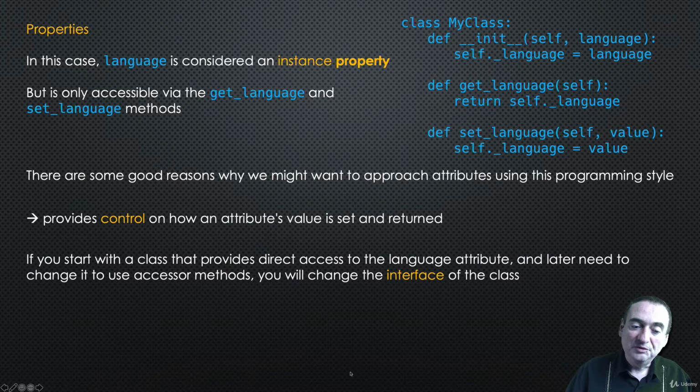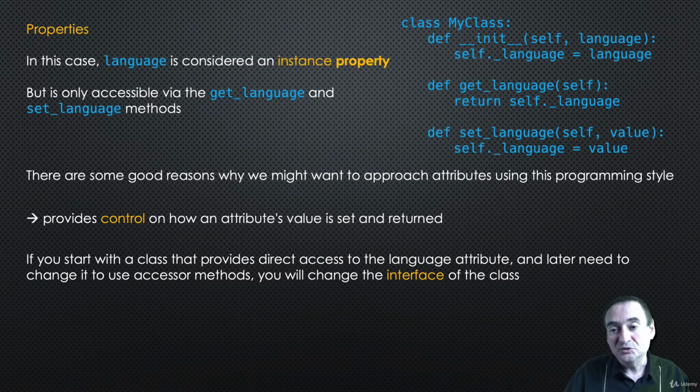Now, if you start with a class that provides direct access to the language attribute, let's say, so instead of doing a self._language, I'd just say self.language equals language, then we can access language directly using dot notation. Now later, and this is the case in Java, I need to go back and say, well, no, I don't want to access directly the bare attribute.